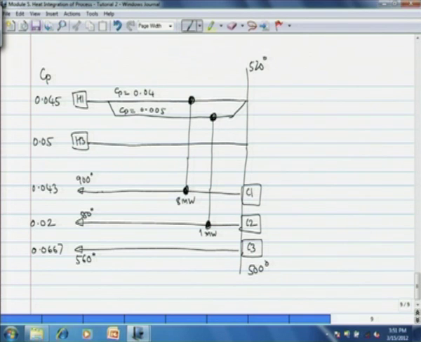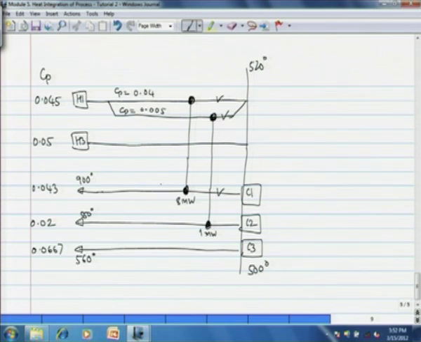So, the segment of H1 is now ticked off. Okay. C1 is already ticked off. So, now H1 is completely ticked off. Okay. Now, we are left with one hot stream and one cold stream. However, the C1 stream is not fully satisfied.